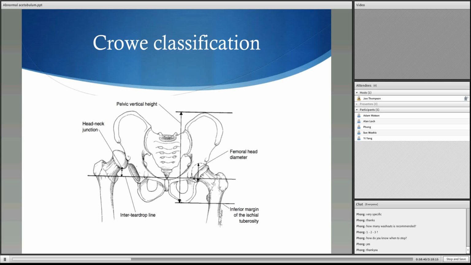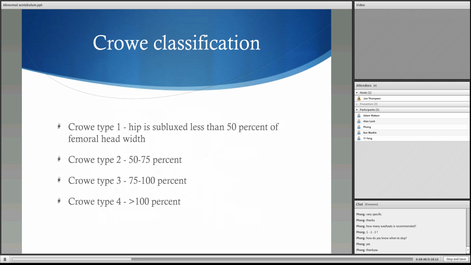The Crowe classification is, I found, quite handy because it gives you a guideline as to what to do. It took a while for me to understand it, but it relies on a centered AP pelvic X-ray.